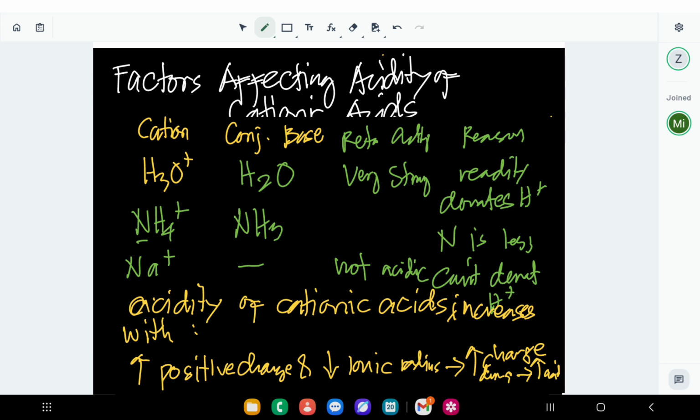So how do we predict that? How do we predict the position of equilibrium of reactions without using the pKa table? So the Bronsted-Lowry acid-base theory is still useful here.